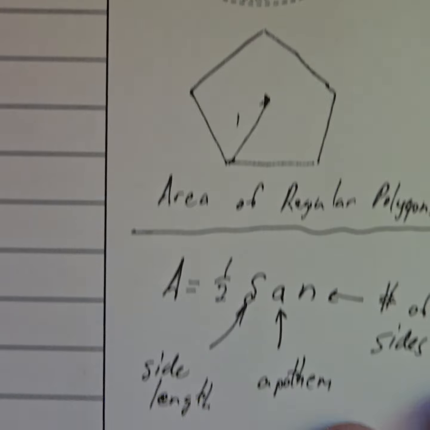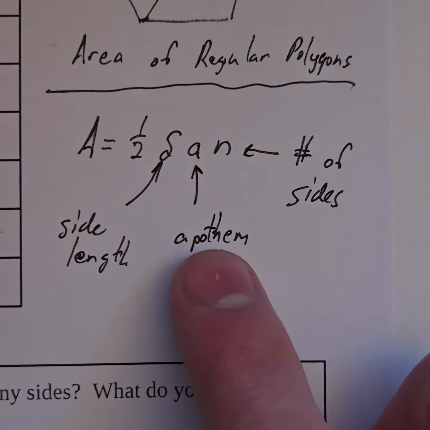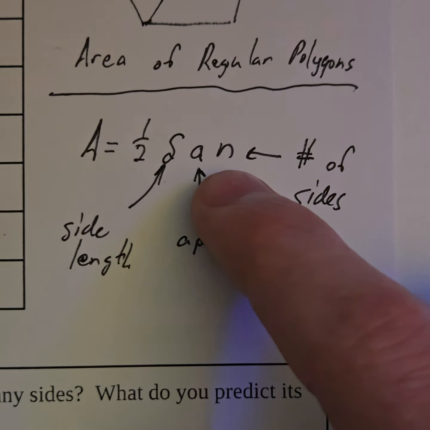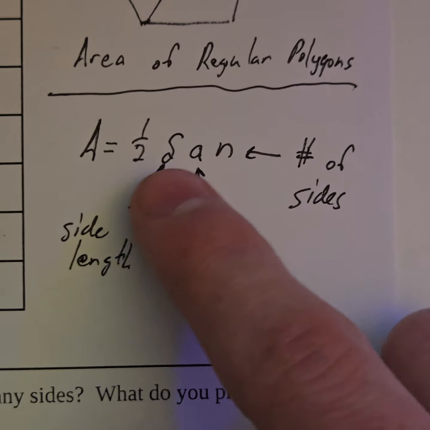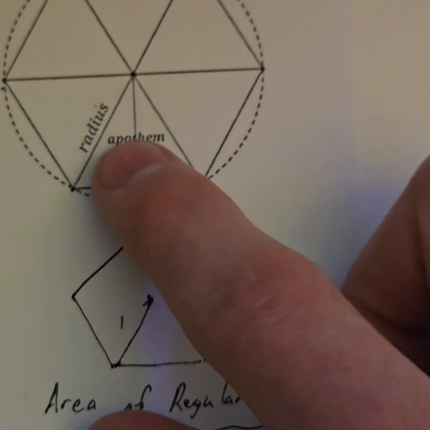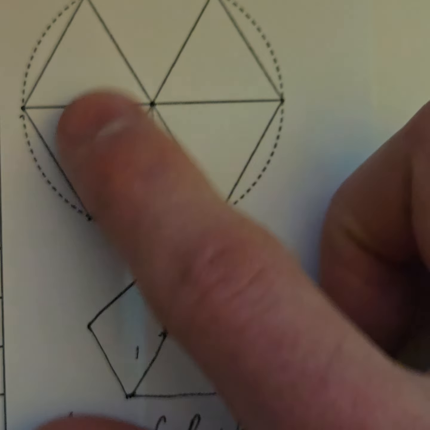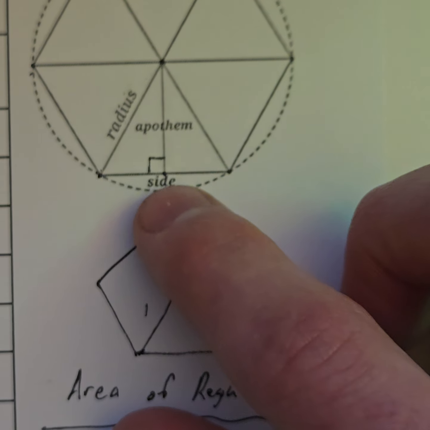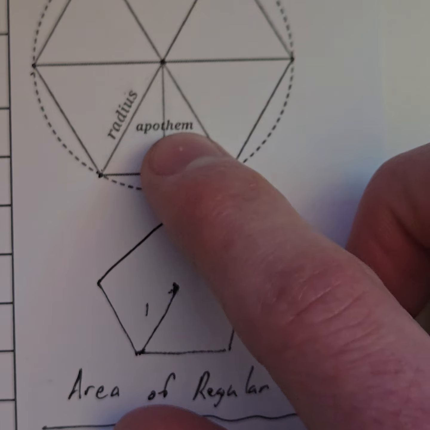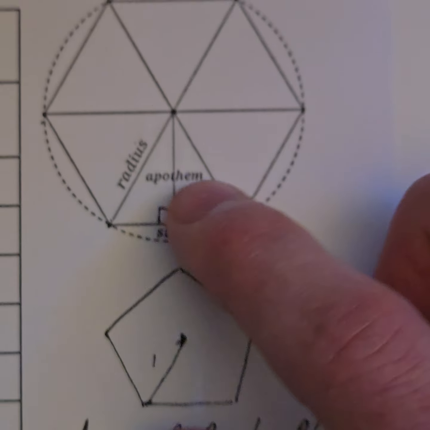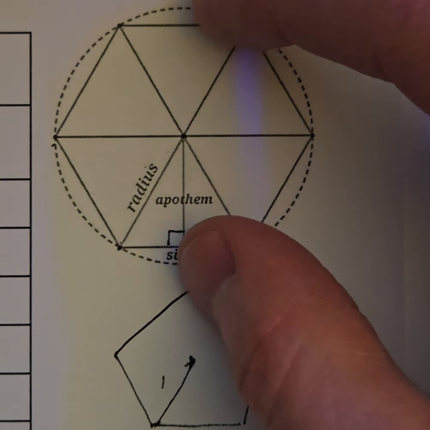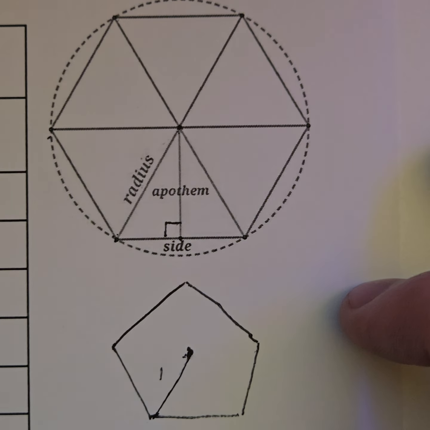Those are the 3 things you need to find the area of a regular polygon. We talked about why that was a while back. Basically what you're doing is you're finding the area of one of these triangles and then multiplying it by the number of sides. So that's why it's 1/2 of your side length times your apothem. That's the area of that triangle, times your number of sides. That'll tell you the area of the entire polygon.